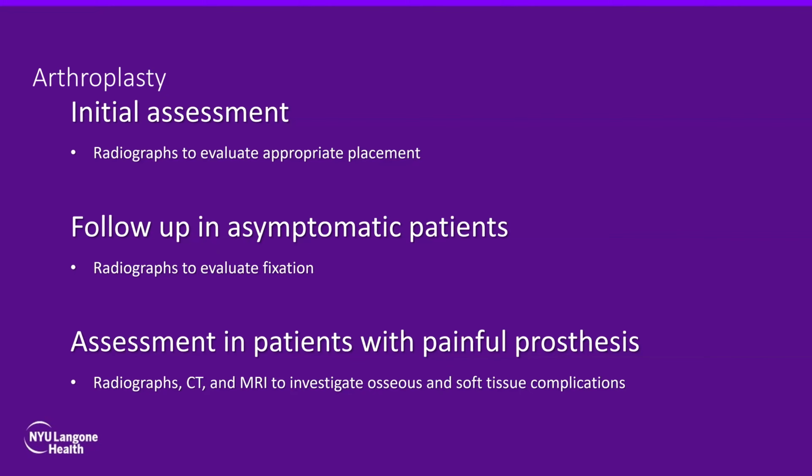In asymptomatic patients, they usually get radiographs as a continued follow-up modality, maybe every year, to make sure that the fixation is good and there is nothing bad going on. And even if there is pain, the first modality, regardless of the cause of the pain, is going to be radiographs. Then depending on the findings of the radiographs, we may switch to CT, MRI, or ultrasound.